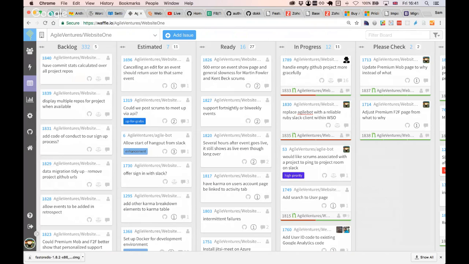So I've got the spike. It needs tests wrapped around it, but I feel like that's a much more straightforward proposition, given that it's Ruby. I'm not saying we shouldn't be breaking the website one up into different services. I don't know that the AgileBot is offering us value by being a separate service.